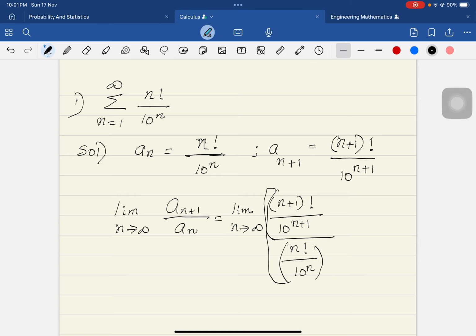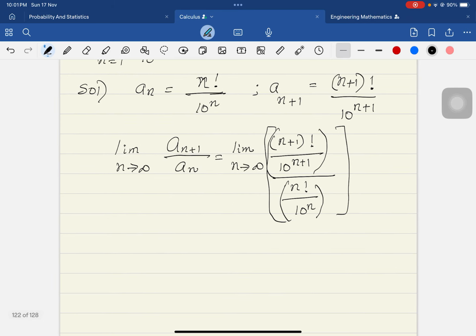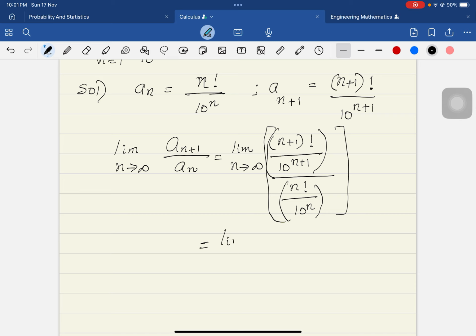Now we can flip the fraction. So it is the limit as n tends to infinity of (n plus 1) factorial over 10 to the power of n plus 1, which can be rewritten as 10 power n into 10. Now flip the fraction: 10 power n over n factorial.